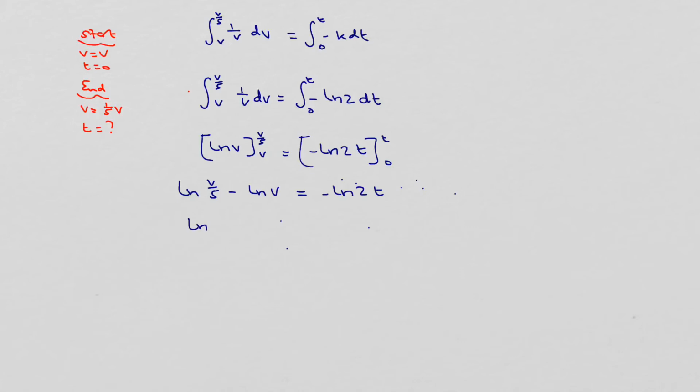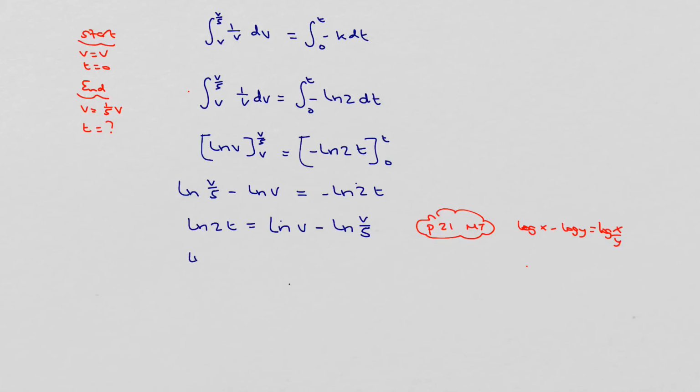And again, if I rearrange the equation, we want to get t on its own. So that's going to be natural log of 2t is equal to natural log of v minus natural log of v over 5. And again, we know, as we said on the previous page, that when we have two logs, same base, we use our maths tables, page 21, for our log rules. So we have log x minus log y equals log x over y.